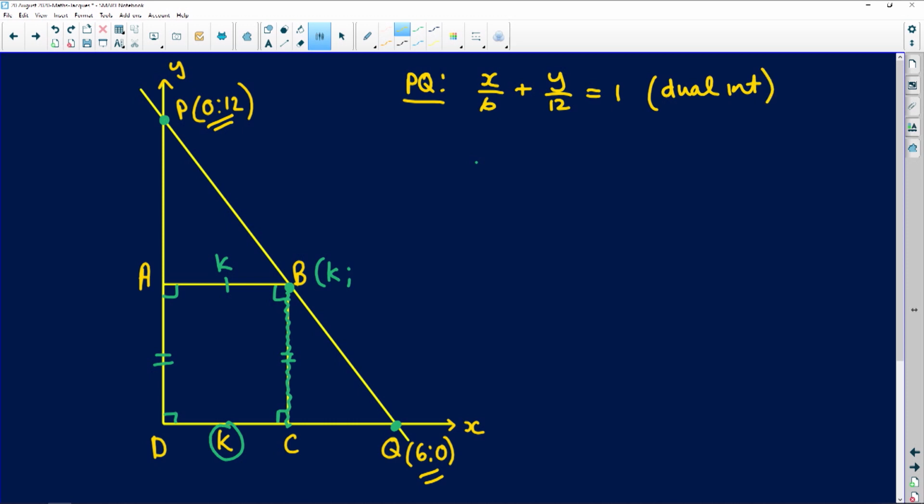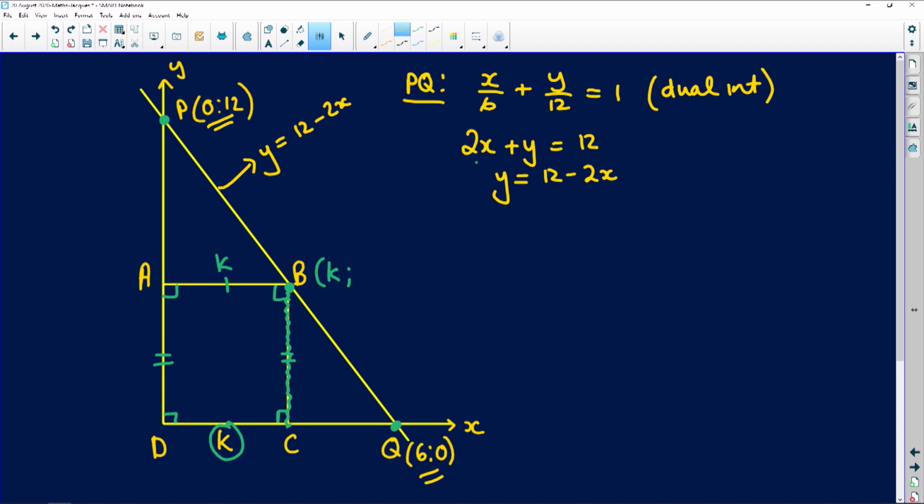Now multiply both sides by 12. Then we have 2x plus y is equal to 12. And then y will be 12 minus 2x. So the equation of this line is y equals 12 minus 2x.